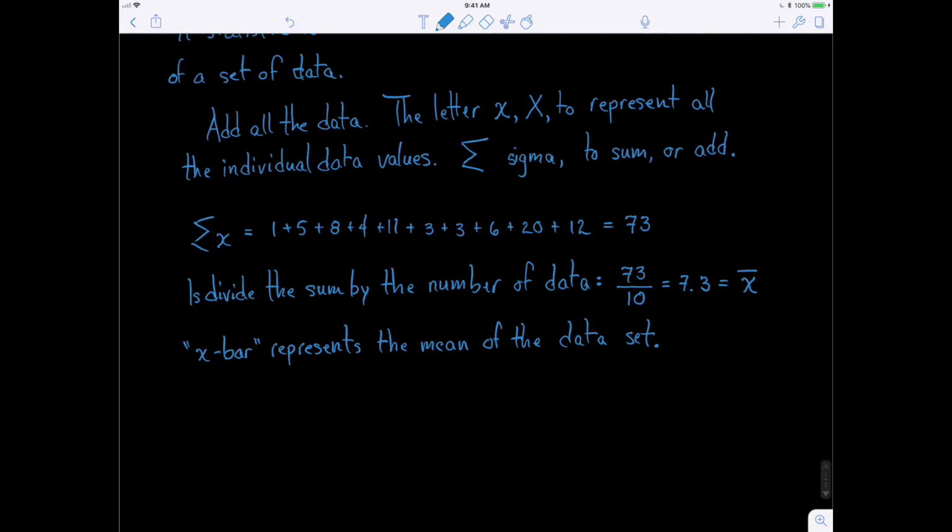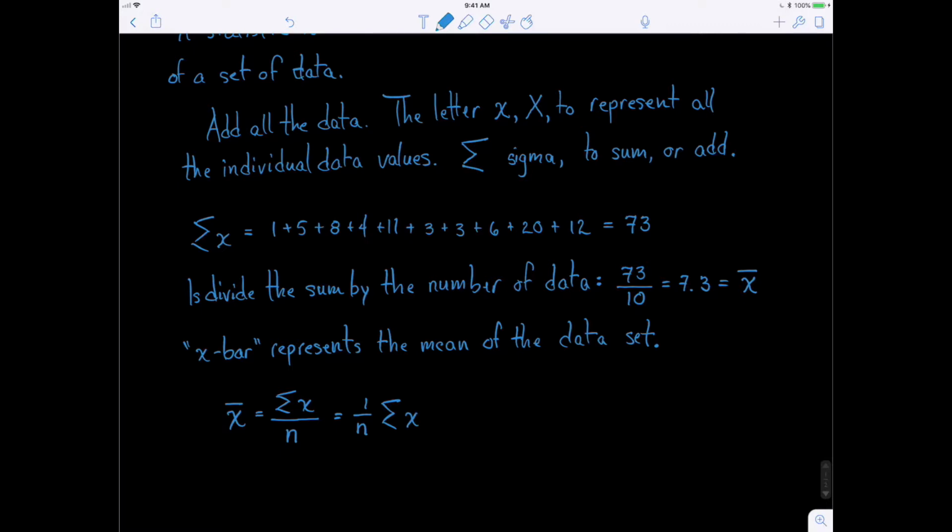Also, the general formula for the mean looks like this: X bar equals the sum of all the x's divided by n. You may see it written this way, or sometimes you'll see it written as the fraction 1 over n times the sum of all the x's.